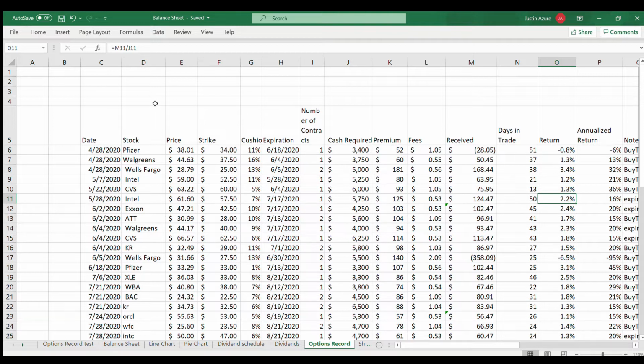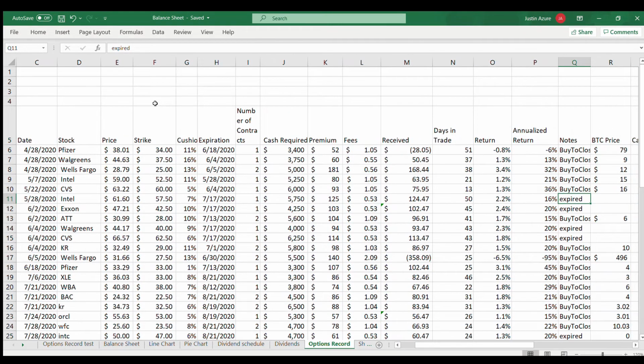So what is it? It would be money received divided by cash required, so 2.2%. And then annualized, which would be 16% annualized. And then I have a note, which means it's expired. It expired worthless, and this is all the money I received from it.